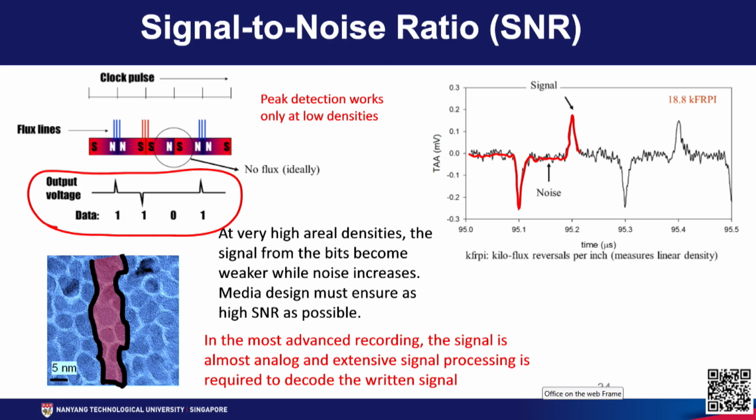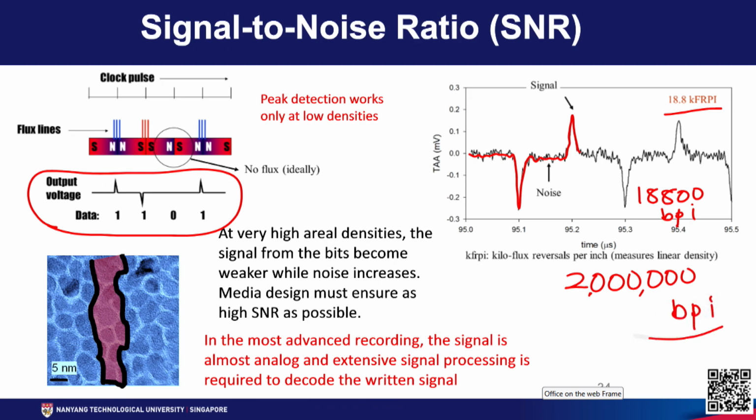And this is at low density. So, here basically 18,800 bits per inch, whereas in current technology we are storing information at 2 million bits per inch.